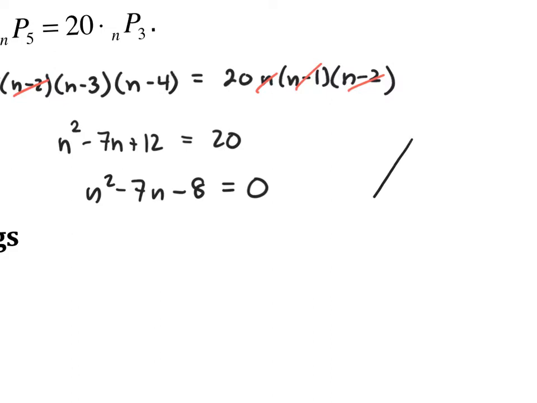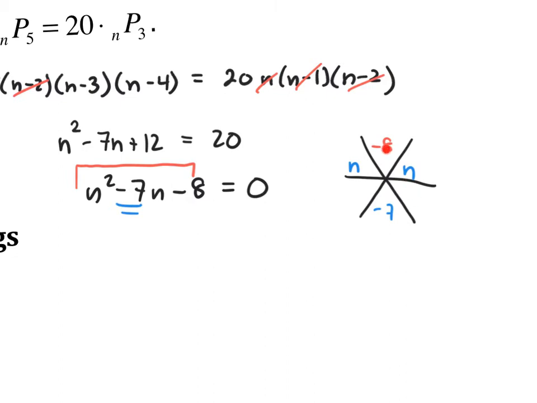So I'm going to snowflake right here. So remember, snowflake says take the a times the c, so I get negative 8 goes on top. The b goes on the bottom, negative 7 goes there. I'm going to put n's in the wings right here. In other words, I'm just taking this guy and splitting it up. And now I ask myself, what two numbers multiply to negative 8 but add to negative 7?